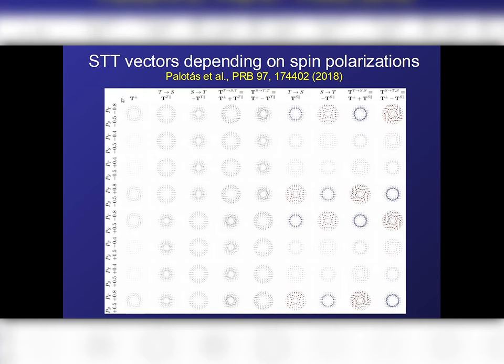It's very interesting also that these spin transfer torque vectors can be tuned, or tailored basically, by selecting the spin polarization of the sample and the tip. So this just shows you an illustration that you can obtain different kinds of STT vectors depending on the tip-sample spin polarization combinations.